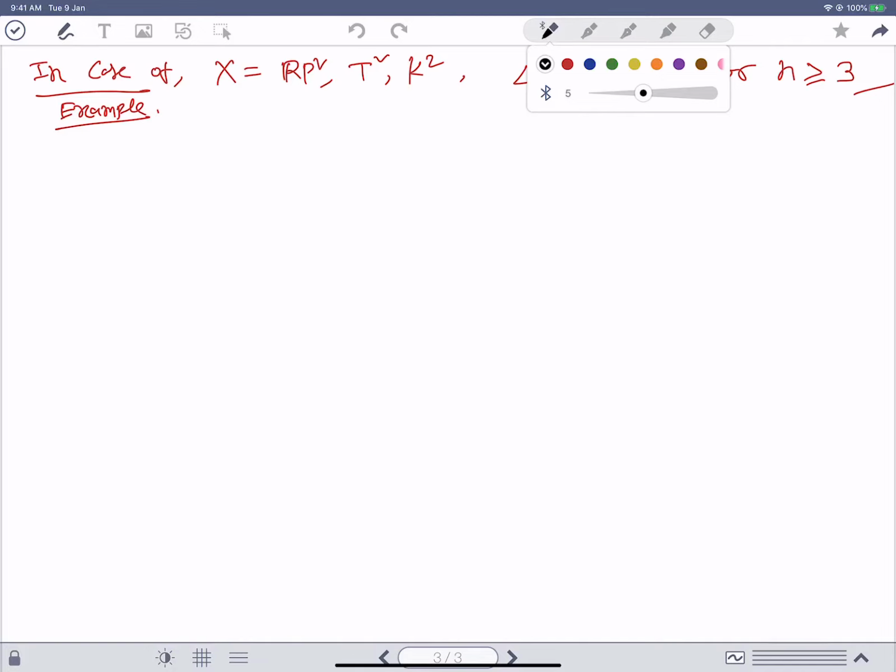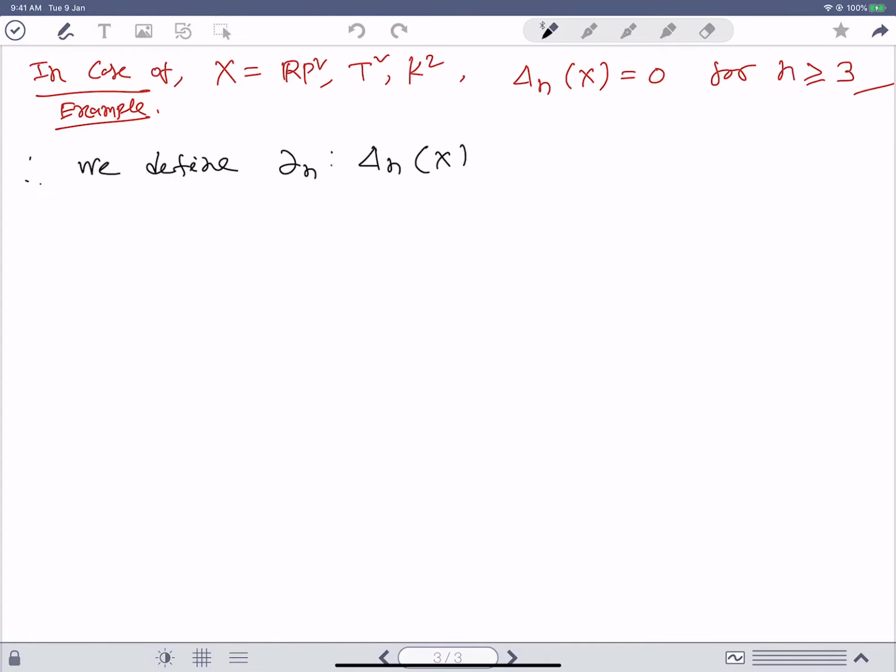Okay, in any case, we define partial_n, which maps Delta_n(X) to Delta_{n-1}(X), by the formula.